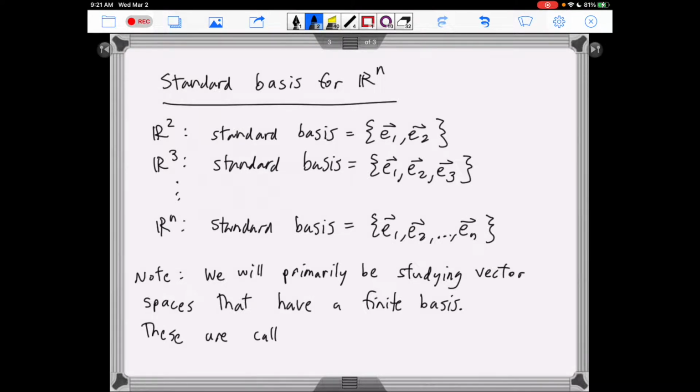These are called finite dimensional vector spaces. We usually use the abbreviation FDVS, finite dimensional vector spaces. So that's primarily what we study in this class. If you want to study vector spaces with infinite dimensions in detail, then these are for more advanced math studies. That's not something that we do in this class.